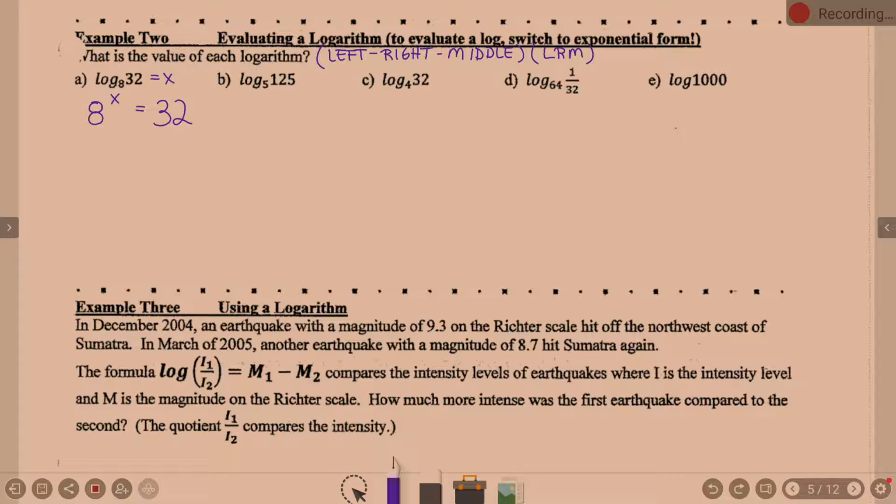My question to you, can you rewrite 8 and 32 using exponents, but using the same base? Can you rewrite 8 and 32 with exponents? So something to some power equals 8, and something to some power equals 32. Any thoughts on numbers that work there?